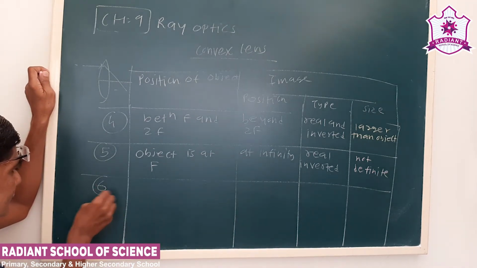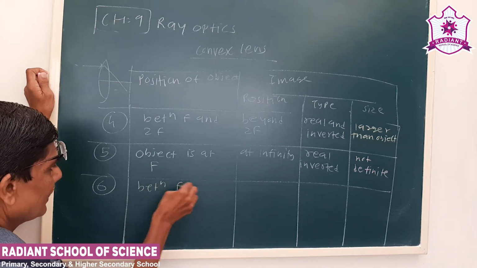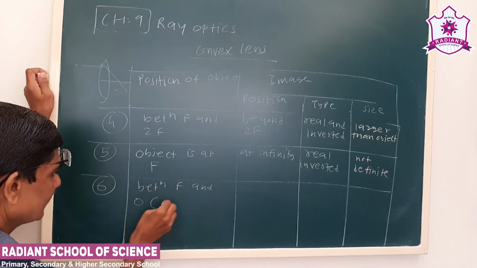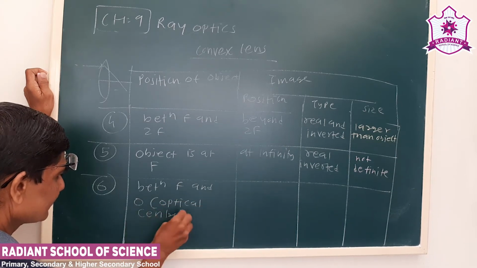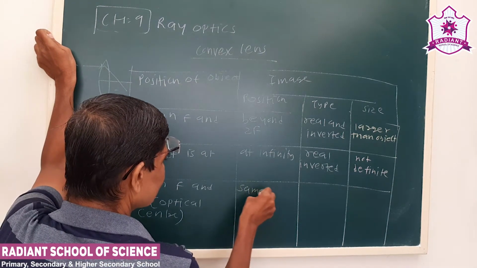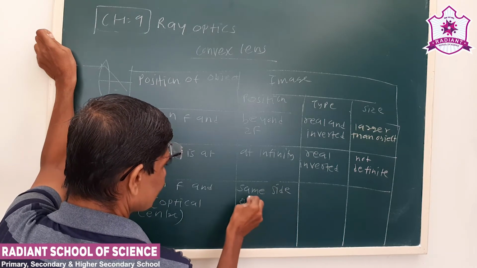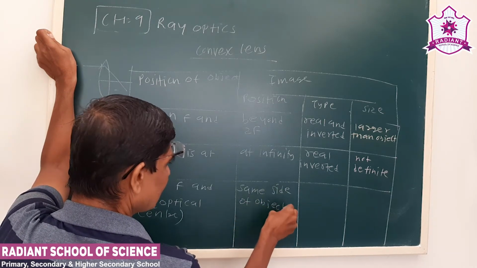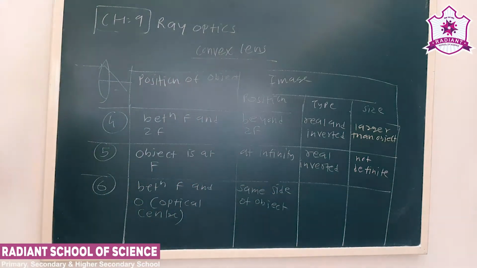And the 6th, see, the object is between f and O, that is the optical center. Now the image will be on the same side. See, in the first 5 cases, object and image were on opposite sides of the lens.